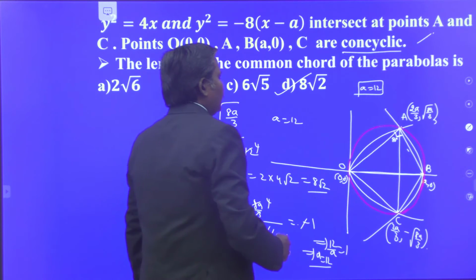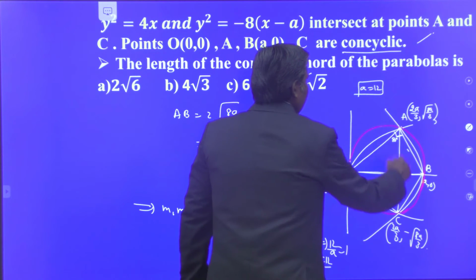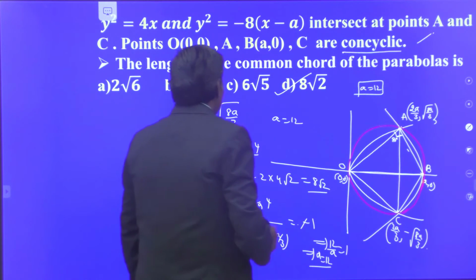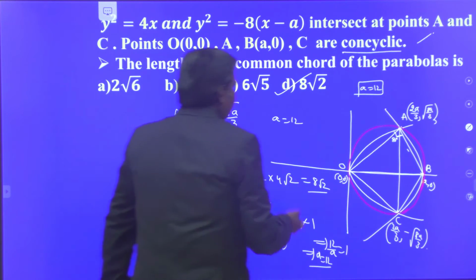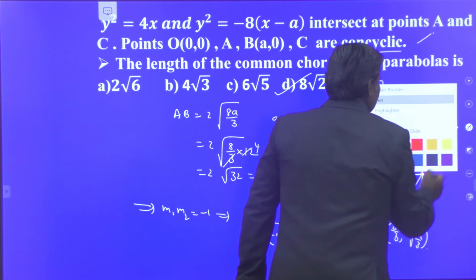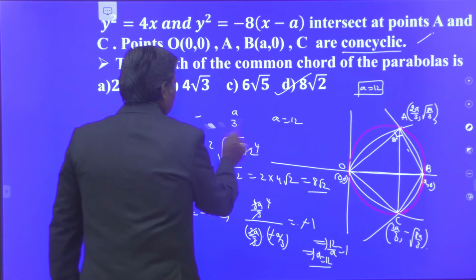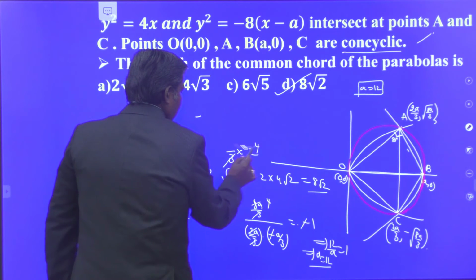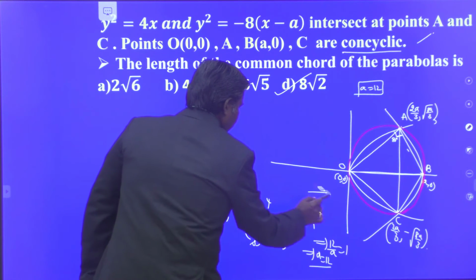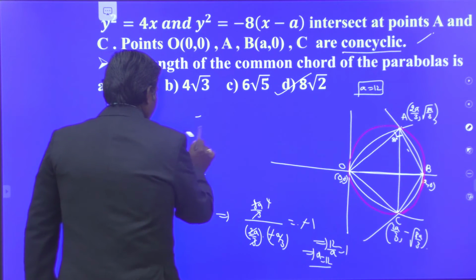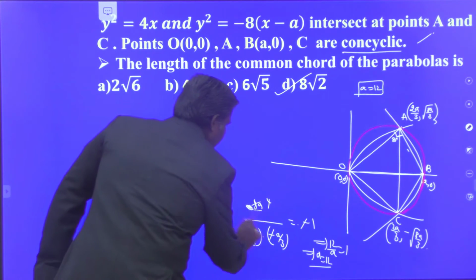What is the area of a quadrilateral? Half into the product of the lengths of the diagonals. Half into OB into AC. So we will do that problem solution here itself. I am going to erase this one. Okay.